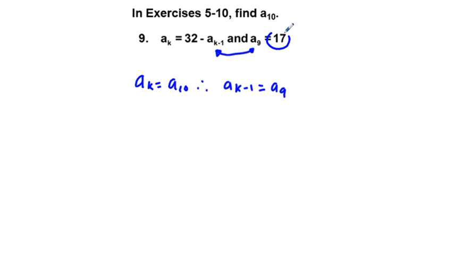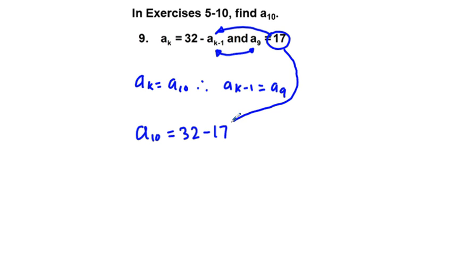So this 17 we can just replace a sub k minus 1 with. Therefore a sub 10 is equal to 32 minus 17, which equals 15.